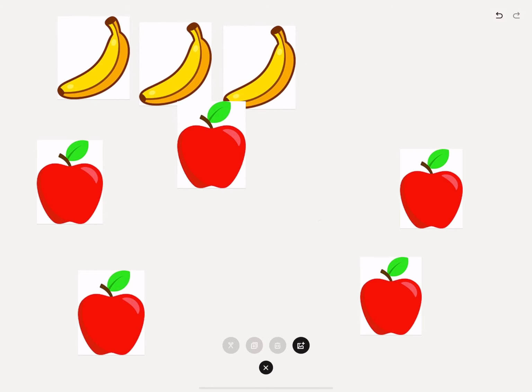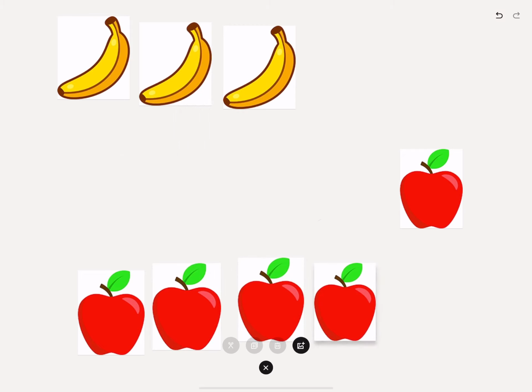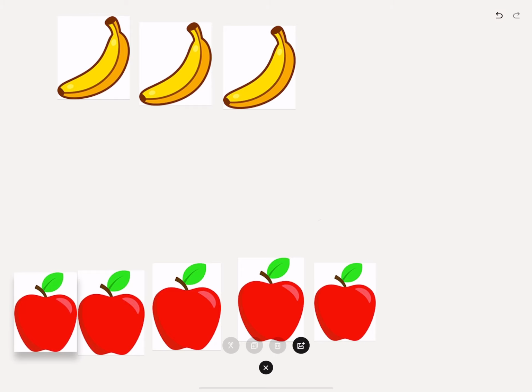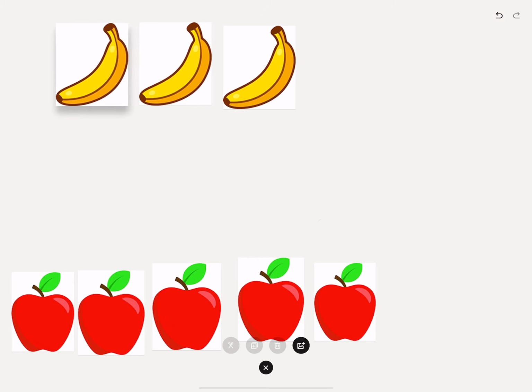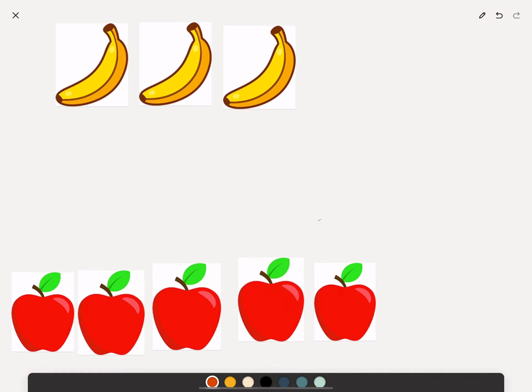And what I'm going to do here is I'm just going to put my bananas together, put my apples together here, and I'm going to say, okay, I've got 3 bananas and I've got 5 apples. I just added my bananas together. I added my 3 bananas together, and I'm going to add my 5 apples together.